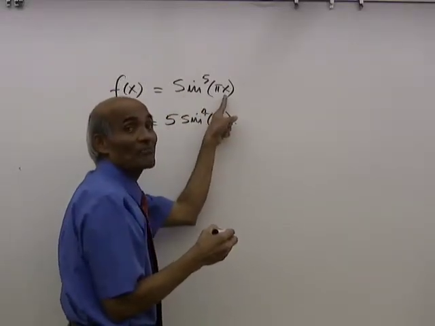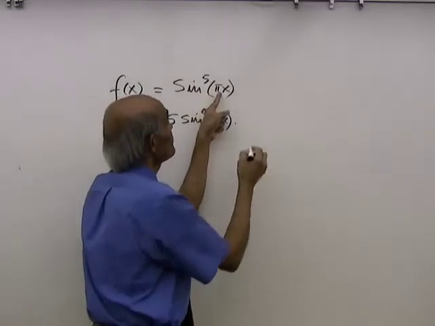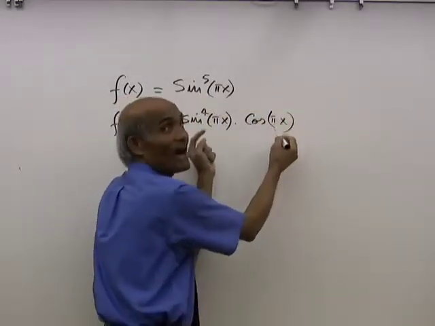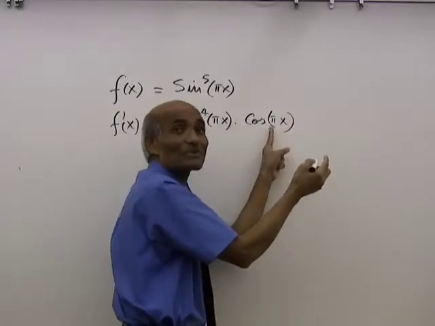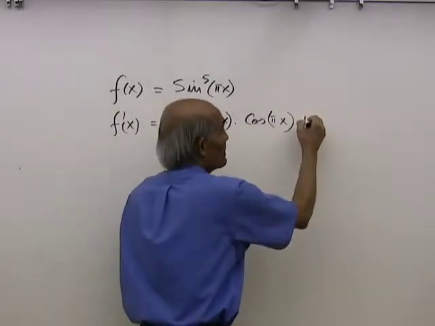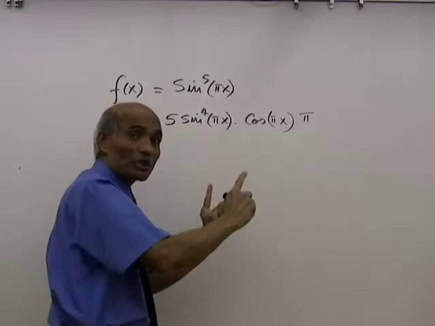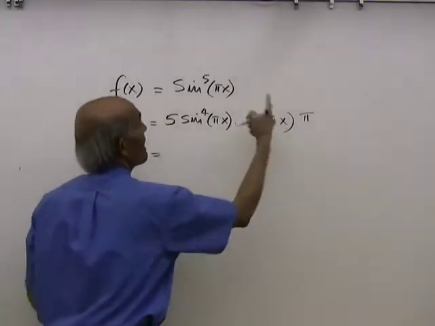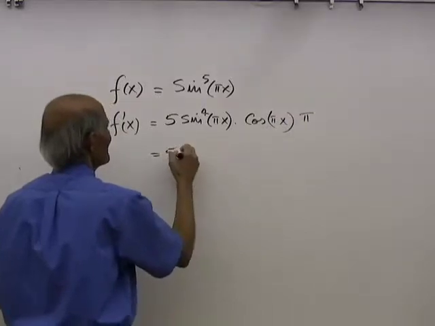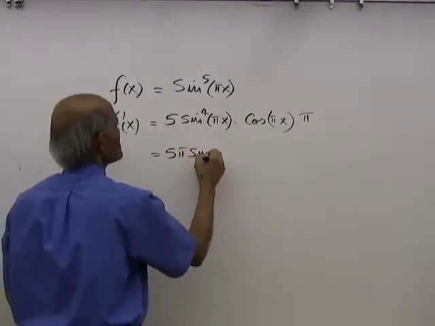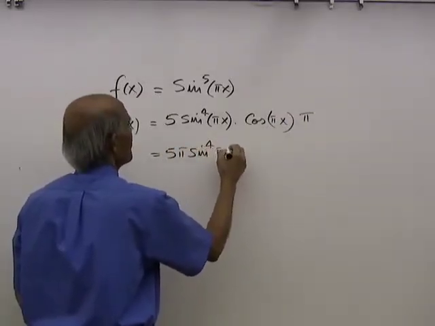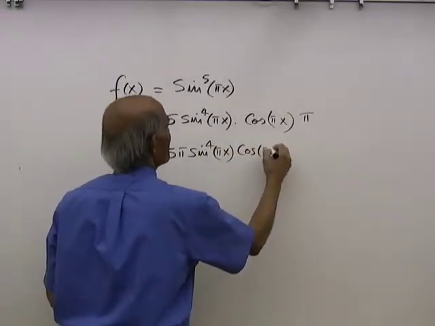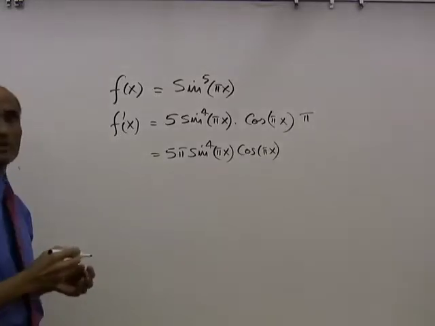Derivative of sine pi x. The derivative of sine pi x will be cos of pi x times the derivative of pi x, which is pi. You've got to think in that chain. So that will be 5 pi sine to the power of 4 pi x cos of pi x, and that's the result.